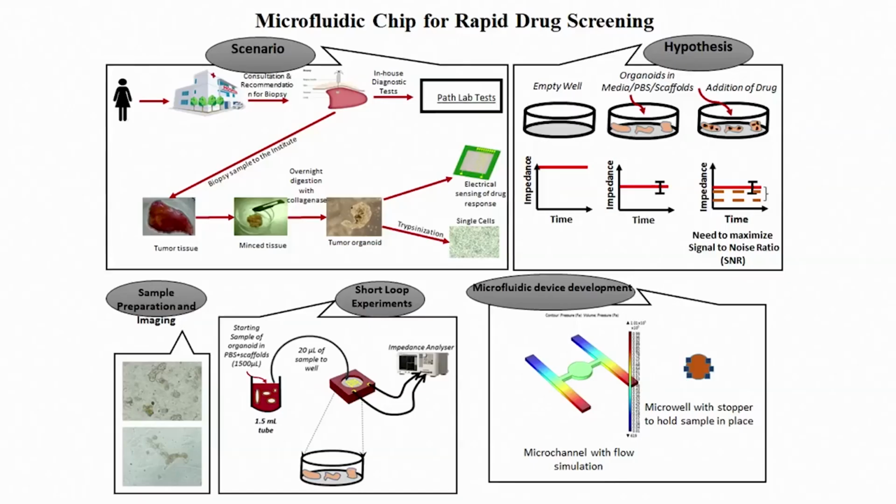Now, let us see another device, and this device is used for drug screening, right. How can we design this drug screening device, and what is the use of this drug screening device?